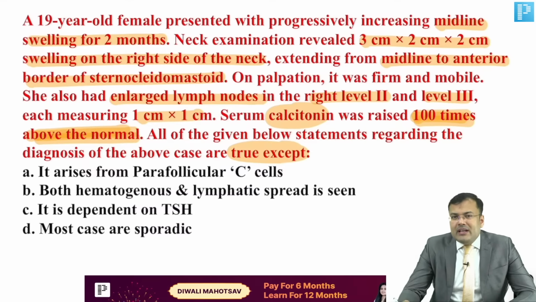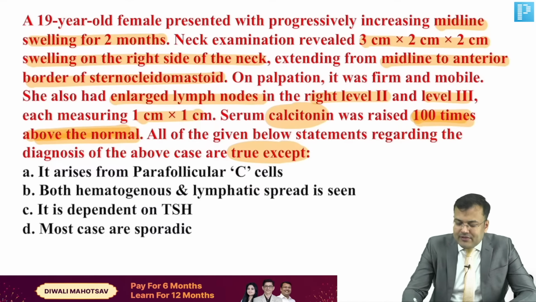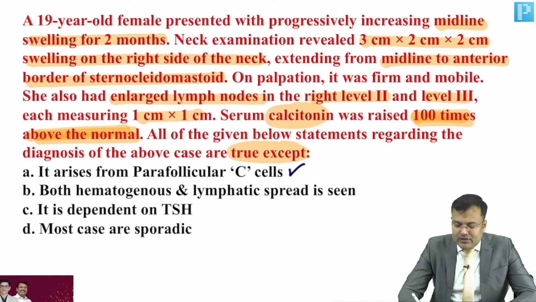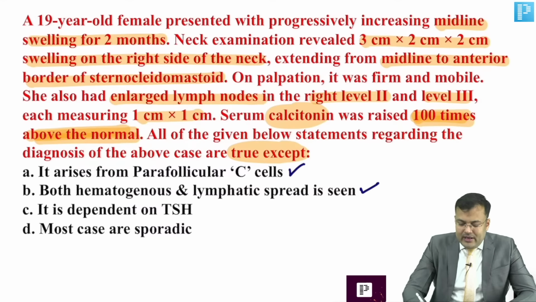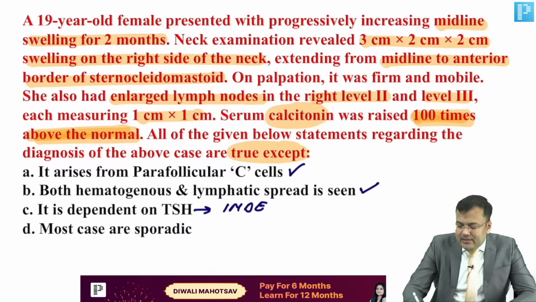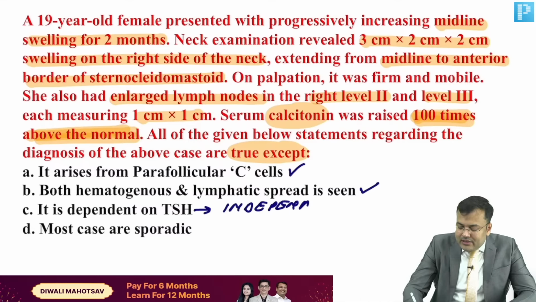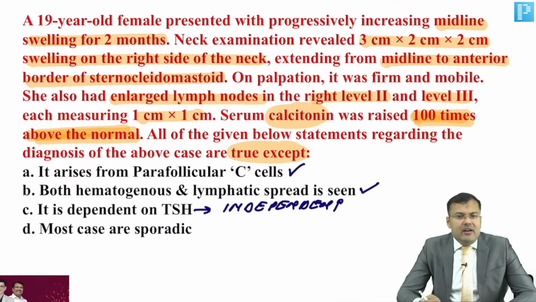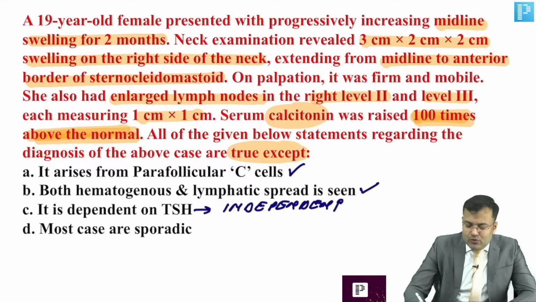Guys, this is medullary carcinoma thyroid. It arises from parafollicular C cells. There is both hematogenous and lymphatic spread. It is TSH independent. That's why this tumor doesn't take up radioactive iodine. Most cases are sporadic.